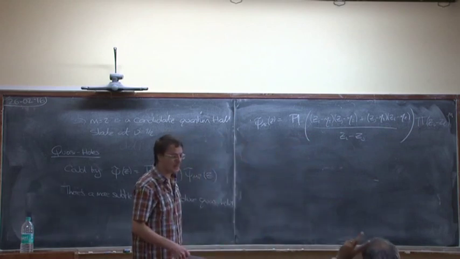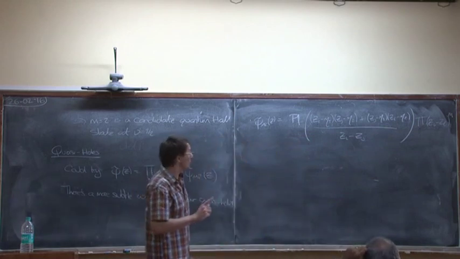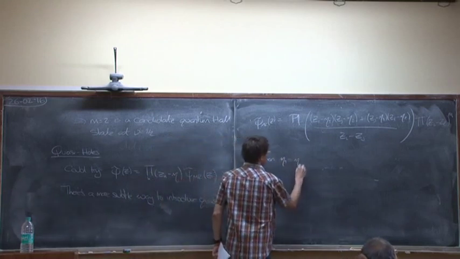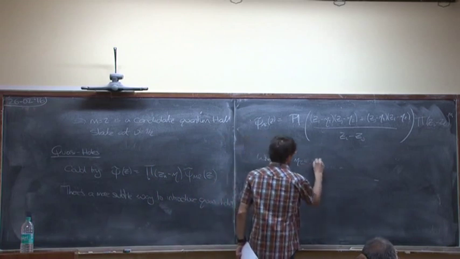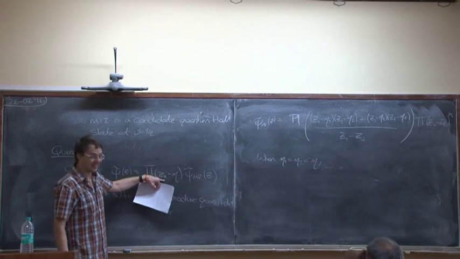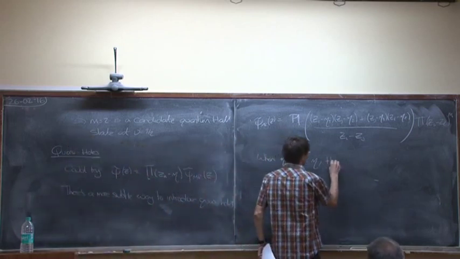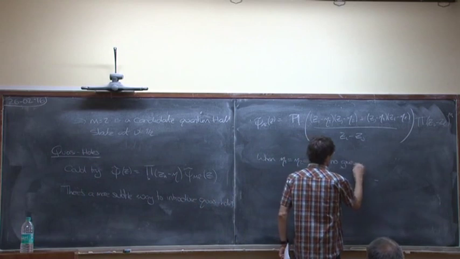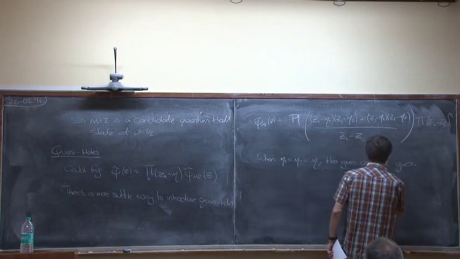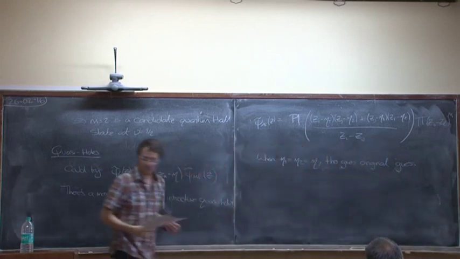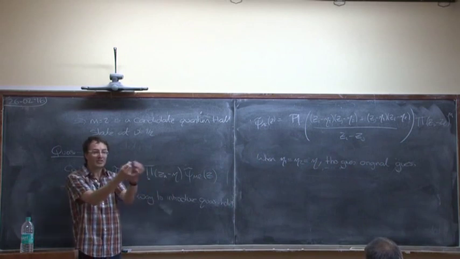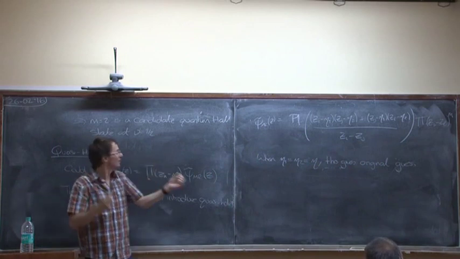This allows you to introduce two quasi-holes, I guess. It's two quasi-holes, except when eta1 is equal to eta2 is equal to eta, this gives back this. So it's actually half. This gives the original guess. So this Pfaffian actually means that each of these Laughlin-like quasi-holes is able to itself split into two pieces.